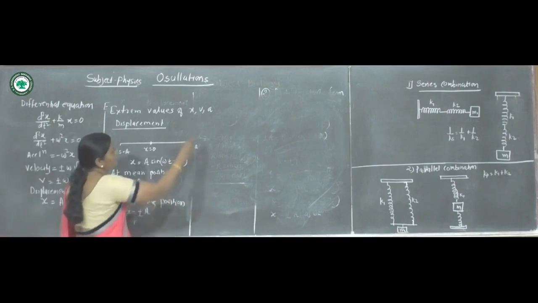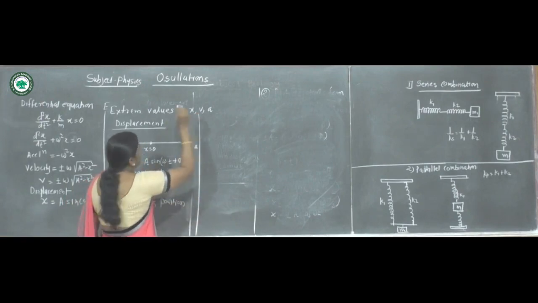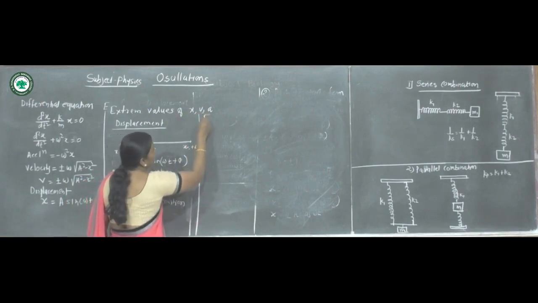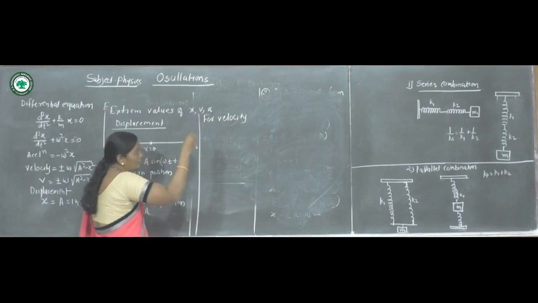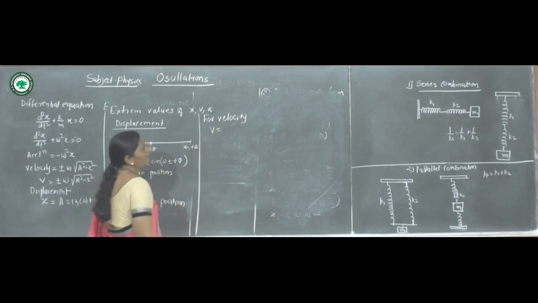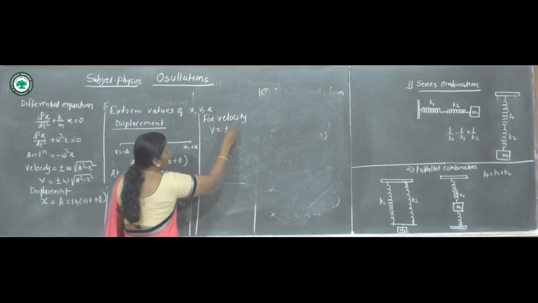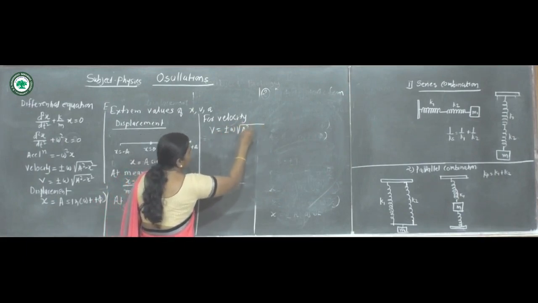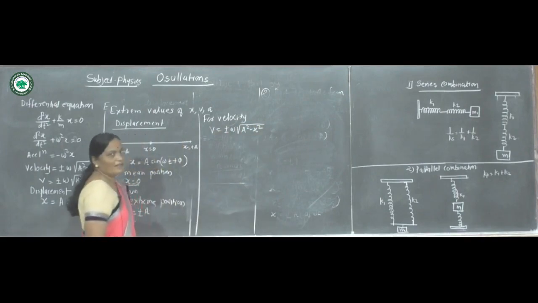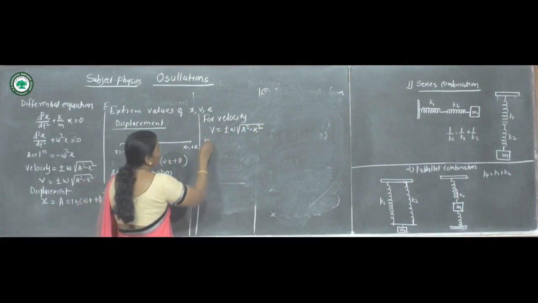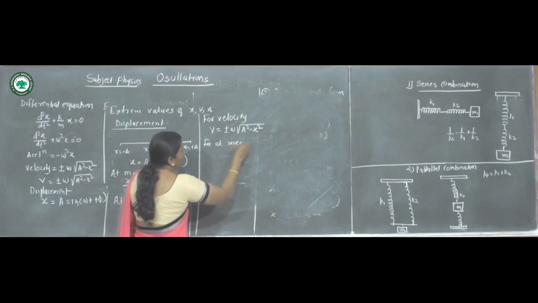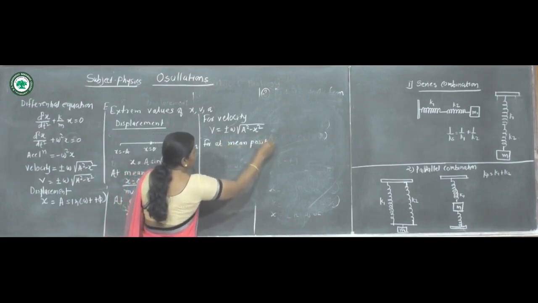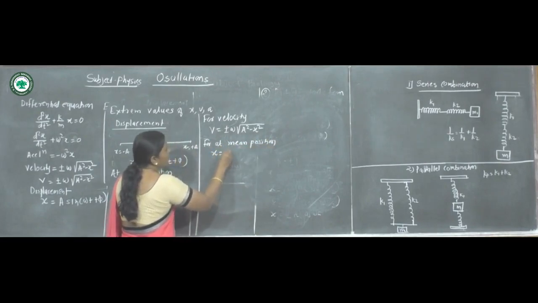Now we see the extreme values of velocity, minimum and maximum value. We know the velocity is given by v is equal to plus or minus omega under root a square minus x square. Now when the particle is at mean position, x is equal to 0.